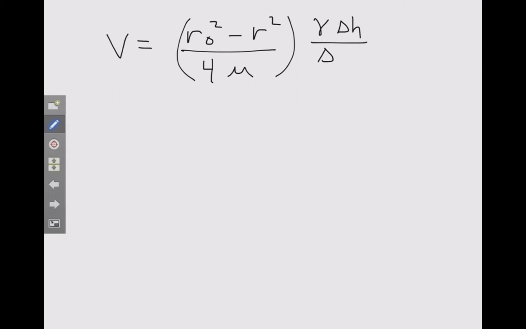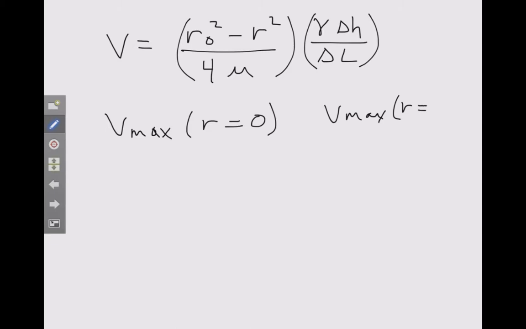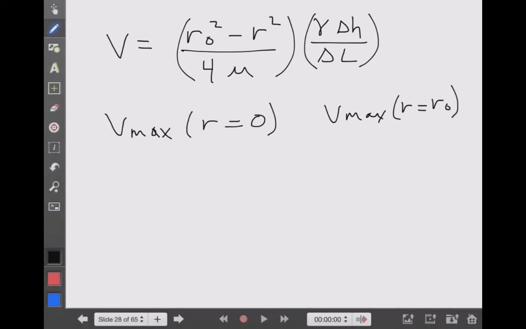And that's our velocity, and we note that the maximum velocity, Vmax, is going to occur at r equals 0. Now, if you look in the book, they make a major mistake by saying that Vmax occurs at r equals r0, which we absolutely know is not the case.